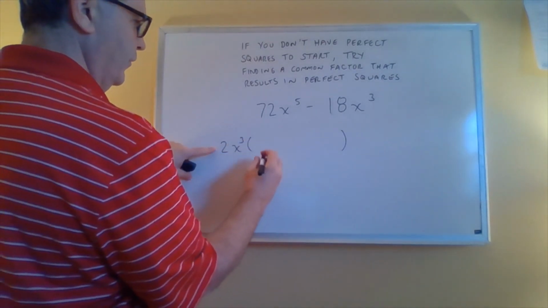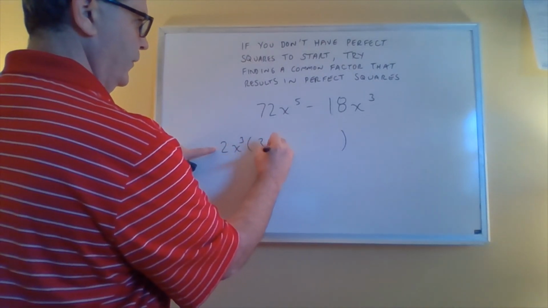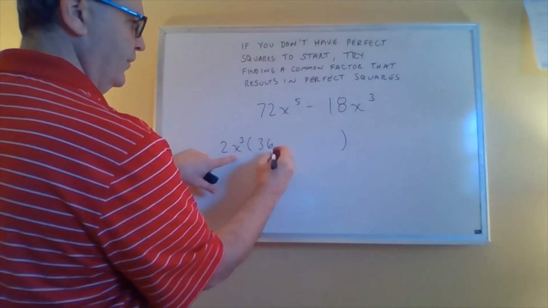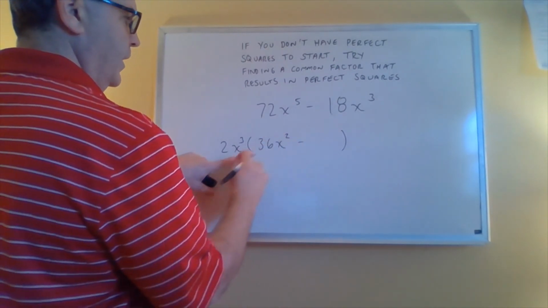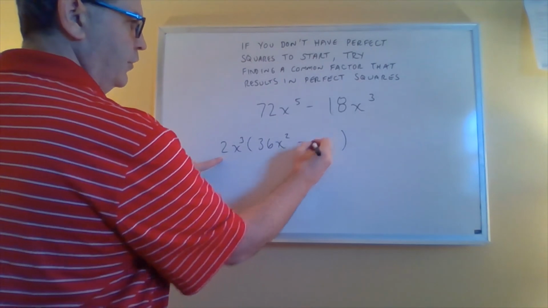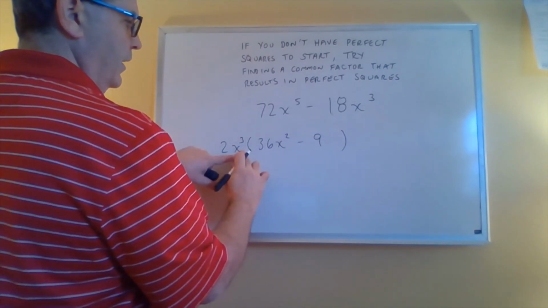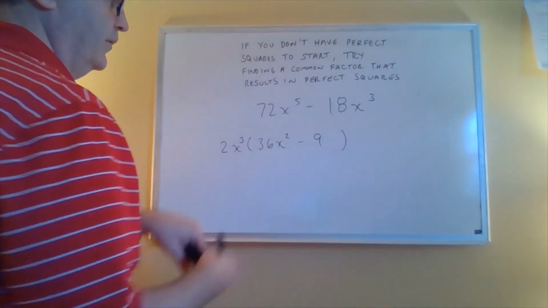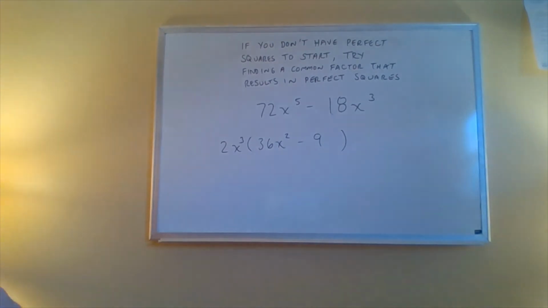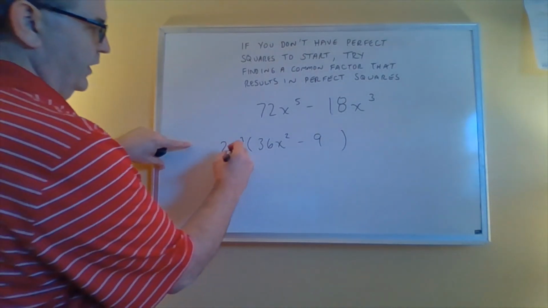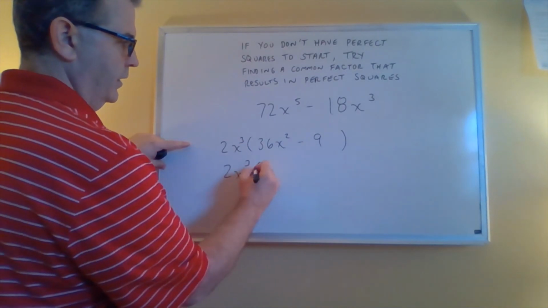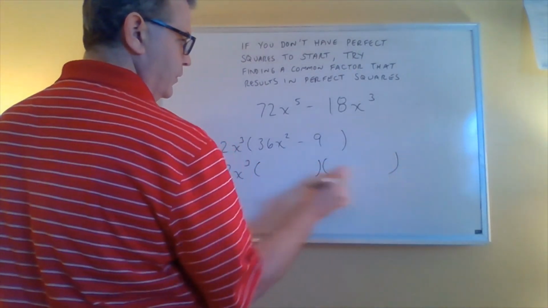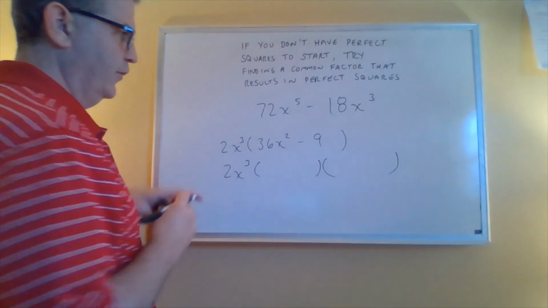If we pull 2 out of 72, what do I get? 36. If I pull x cubed out of x to the 5th, what am I left with? X squared. I pull a 2 out of 18, what am I left with? 9. And x cubed out of x cubed just removes the variable term there. So now we have to keep our outside term and pull that down. And we are going to factor our a squared minus b squared here.